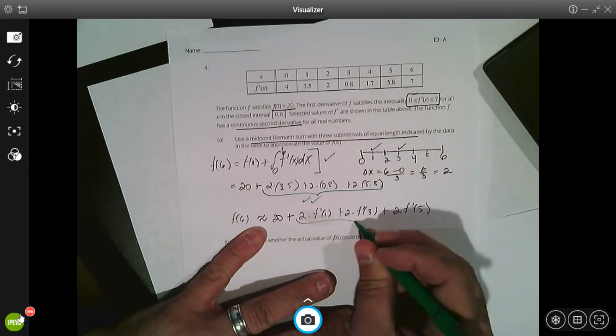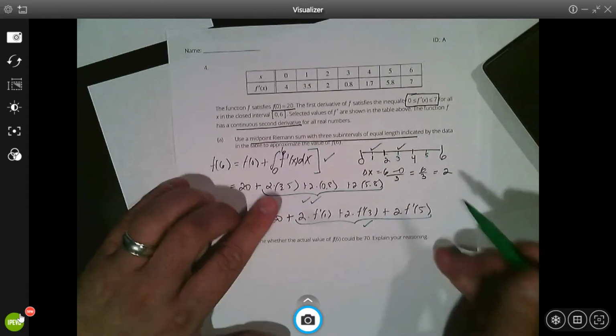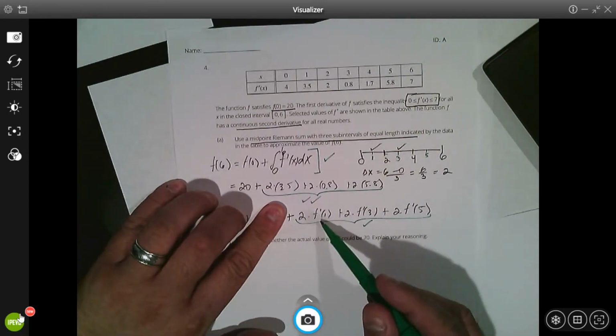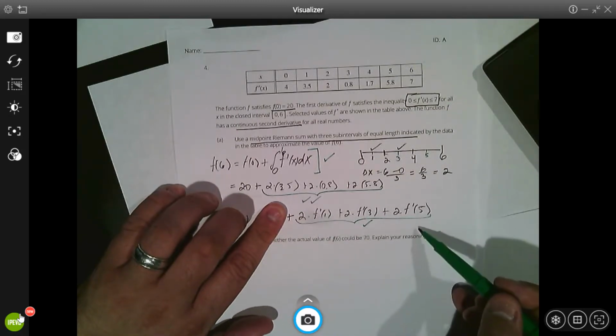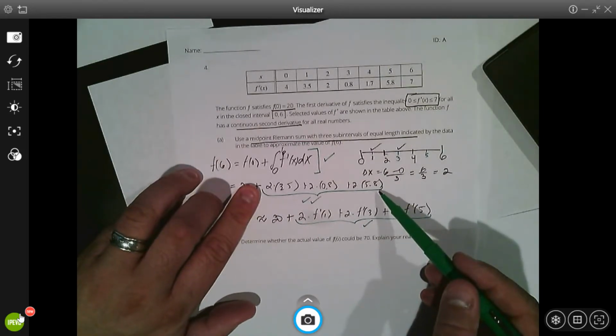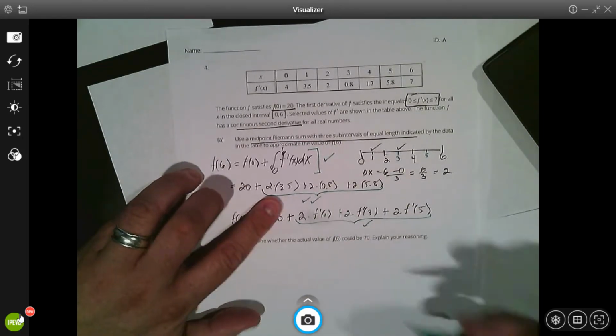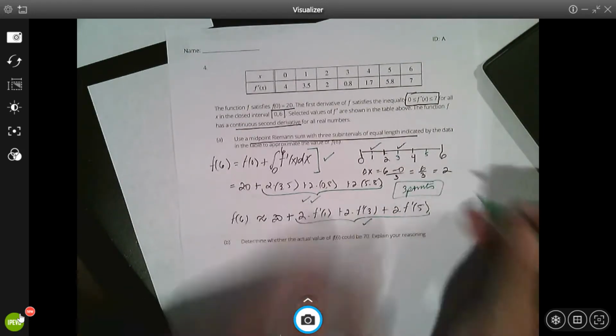This person would get 1 point for having the form of the midpoint sum, but then would have to go an additional step and say, what is f prime of 1, what is f prime of 3, what is f prime of 5 to get that second point. Because of the way I did it here, you get both points at the same time. No matter what, it's a 3-point question, and now we get to move on.